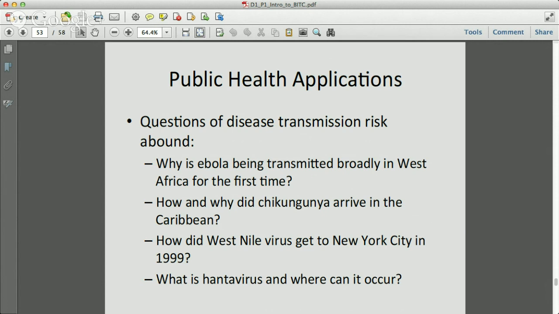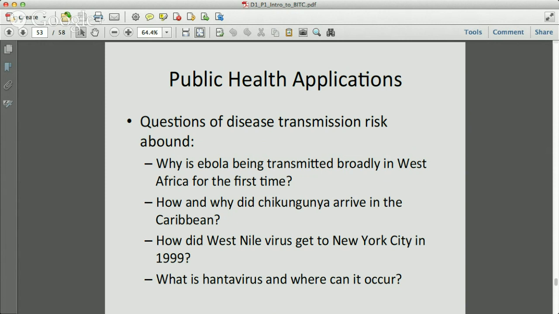So what we're going to be taught about is public health applications of biodiversity information. Now, these questions are everywhere around us. If you look just at the news in the last few years, why are we seeing Ebola being transmitted very broadly in West Africa for the first time?